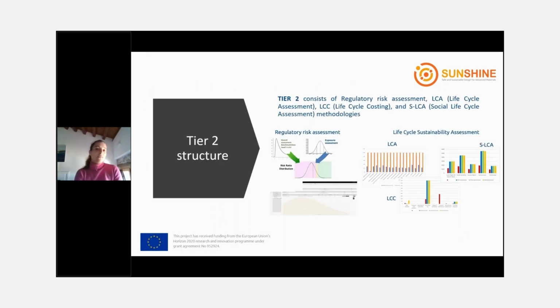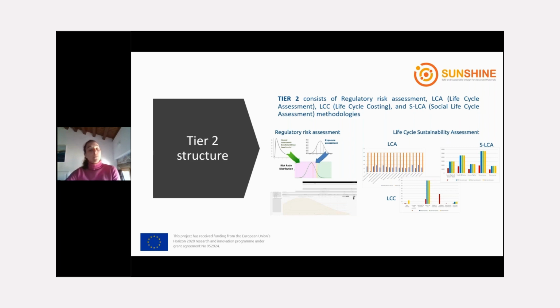Those alternatives that present good performances for Tier 1 can be then further developed and further assessed within Tier 2. Tier 2 consists of regulatory risk assessment, life cycle assessment, life cycle costing, and social LCA methodologies.